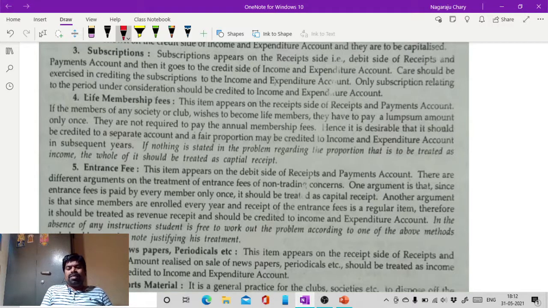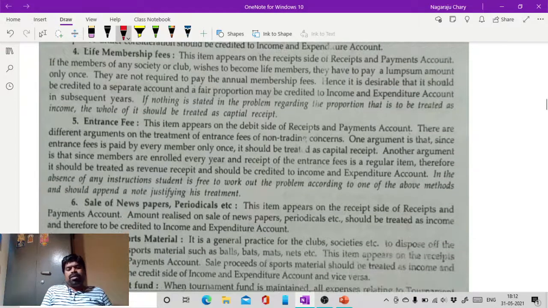Only subscription relating to the period under consideration should be credited to income and expenditure account. So all the members give subscriptions to the organization, and those are to be recorded here.